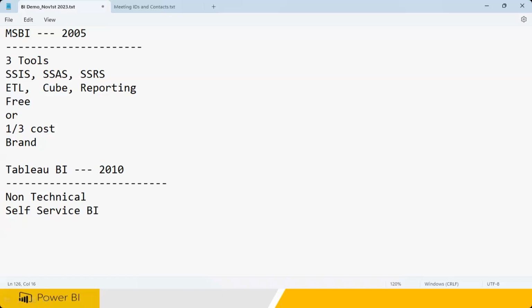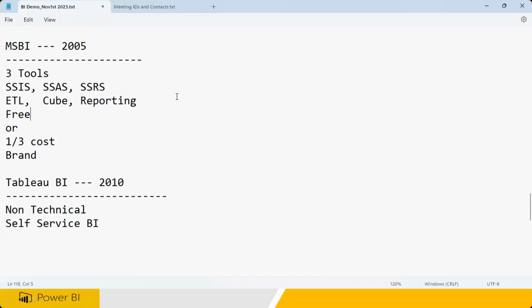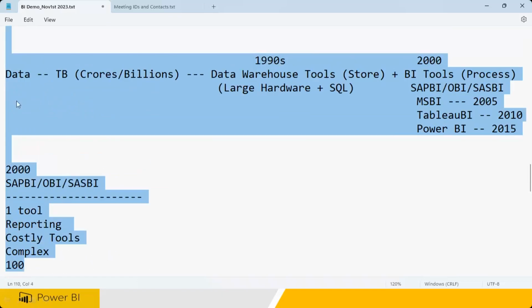Now, with the help of Tableau BI, any non-technical people can create beautiful reports. Technical guys are not needed. So that is when Microsoft lost its business for SSRS, where only technical people can create reports. Now here also only technical people can create reports.